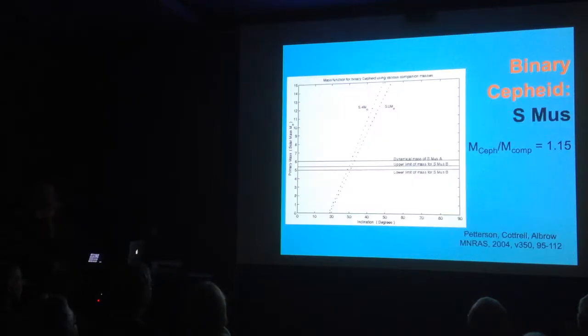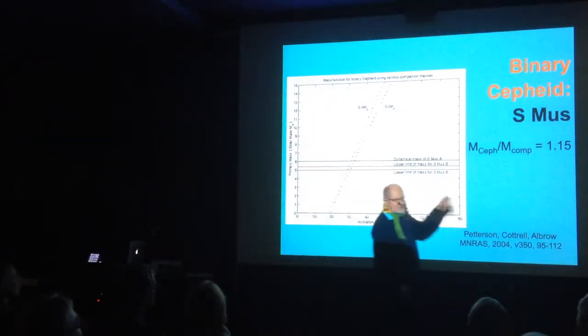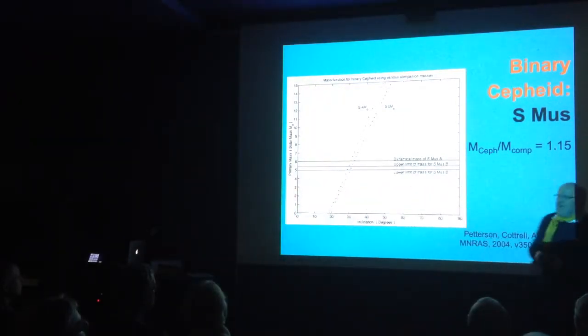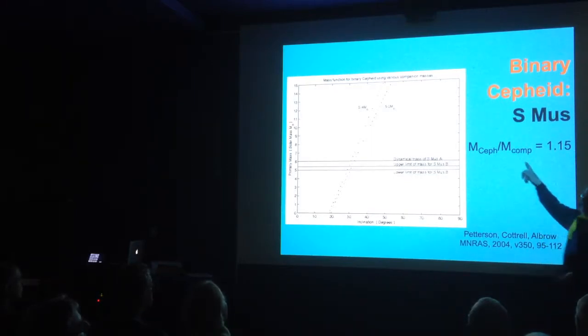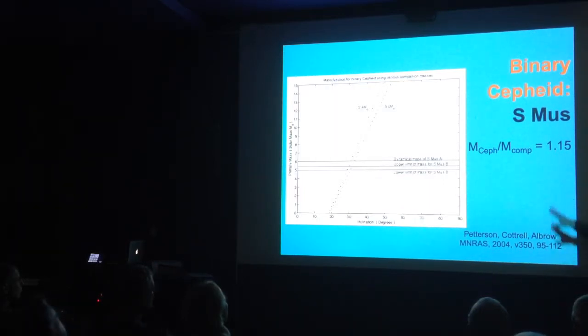And then be able to work out the ratio, because you now have orbital parameters, you can work out the ratio of the mass of the Cepheid to the companion, and you can therefore deduce various things and actually understand what the mass of the Cepheid is, which then becomes important.